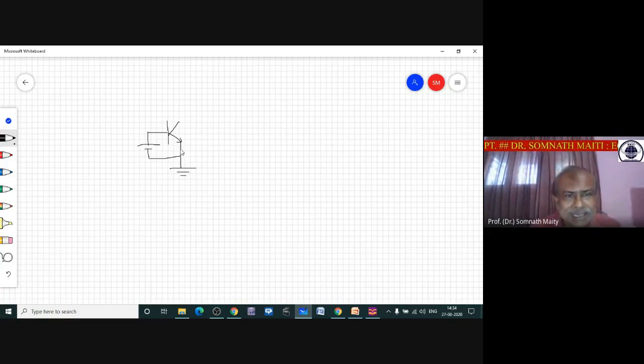This is N side. So if you connect the positive side of the battery, then it will become reverse bias. So this becomes CE.